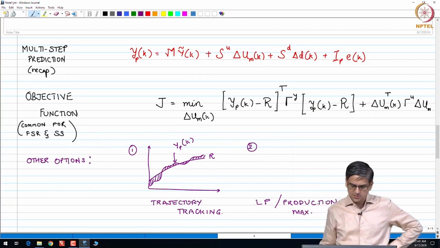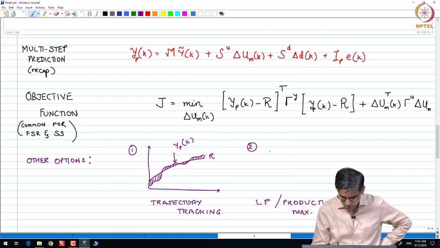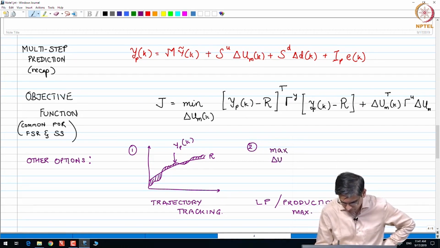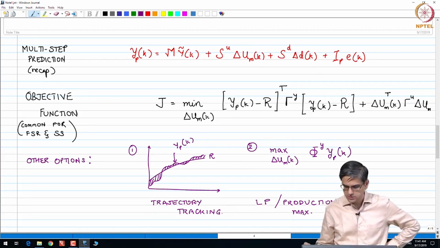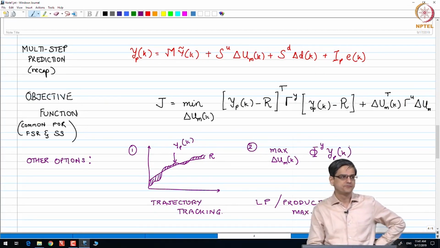So, production maximization or cost minimization is a linear programming problem.